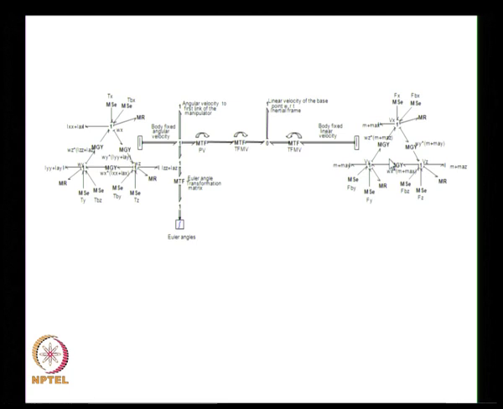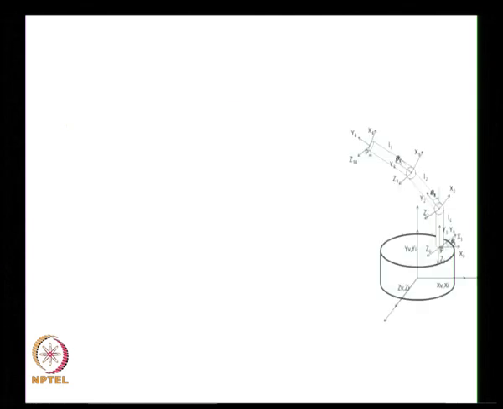Some of the elements are not familiar to you, like these vector bonds, because we have a 3-dimensional representation, or 6 degree of freedom motion for the robot. So we need to represent parameters like angular velocity and linear velocity in 3 directions. To represent that, we need to go for vector bonds, and with vector bonds you will get this kind of bond graph for the robot, and we can simulate it and find out the responses.